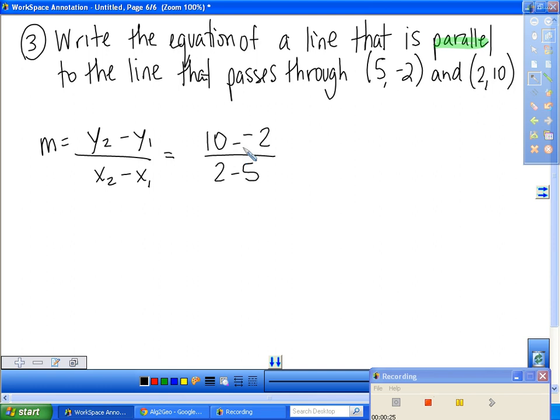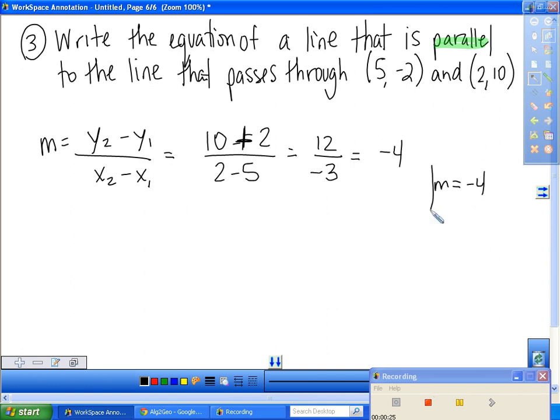Here I need to make sure that when I'm subtracting a negative, it's actually like addition. So 10 plus 2 is 12. 2 minus 5 is -3. And 12 over -3 is -4. So my slope of the line passing through these 2 points is -4.